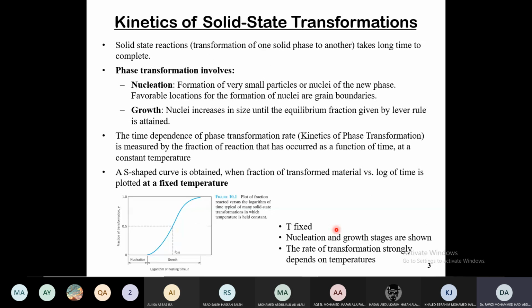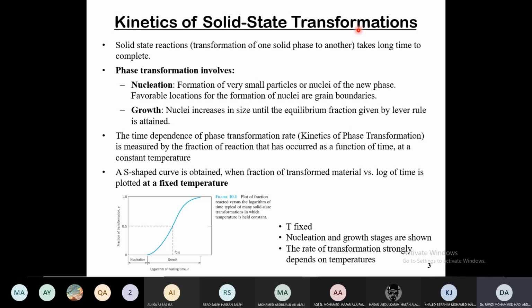Now, since we want to talk about transformation, we need to study what we refer to as the kinetics of solid state transformation. What does kinetics simply mean? It means the time dependence of phase transformation rate.